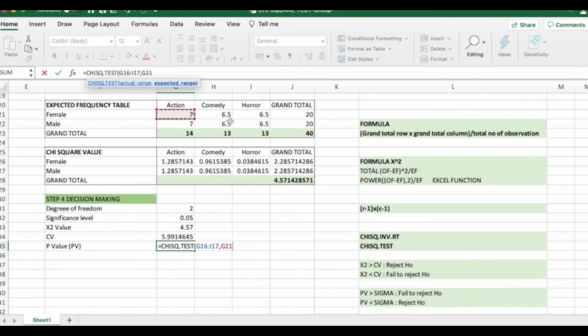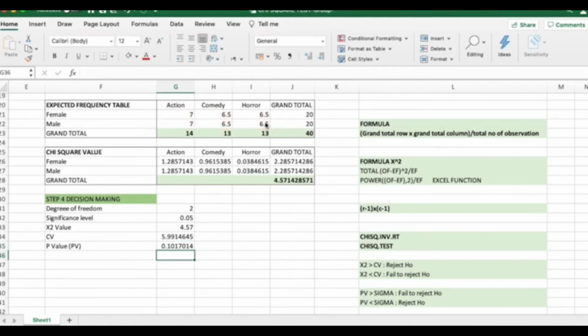Just highlight it. Close bracket, enter. So the p-value that you get is 0.1.